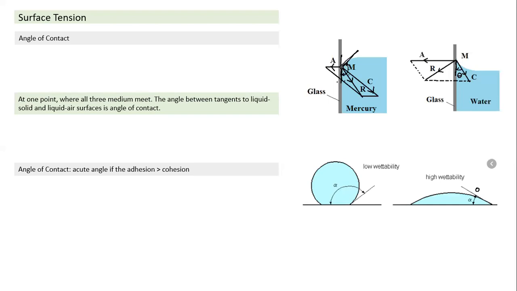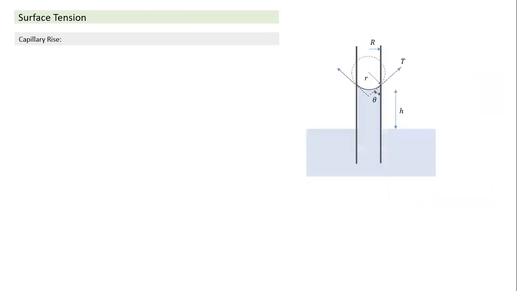So a liquid particle experiencing force due to the surrounding liquid particles is called cohesion, C, and this is A. When C is much greater, the angle of contact theta is greater than 90 degrees. When A is much greater, adhesion is greater than cohesion, and then the angle of contact becomes an acute angle. More than that is not necessary. There cannot be much complexity related to this. That's all we need to know.